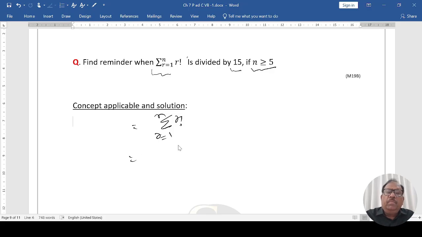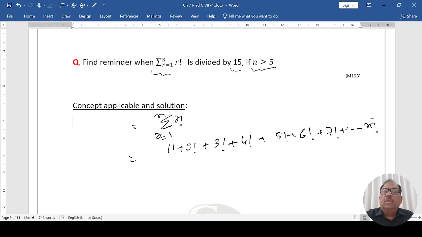So we can write it like this. We have to move up to n. 1 factorial plus 2 factorial plus 3 factorial plus 4 factorial plus 5 factorial plus 6 factorial plus 7 factorial up to n factorial. In this case, n is greater than equal to 5. See?